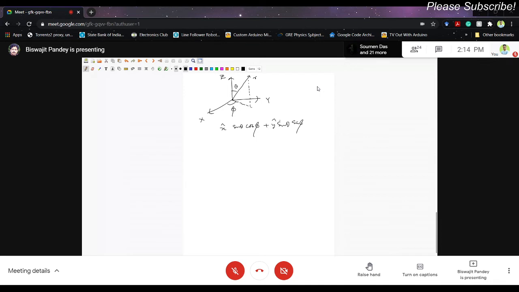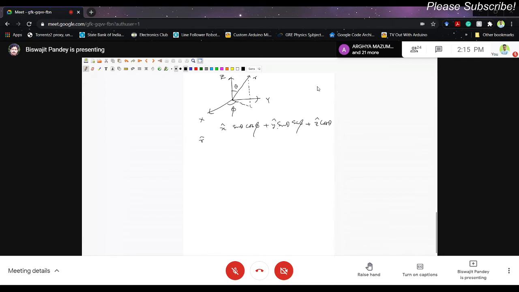I'm just taking the components, plus z cap cos theta, that will be a vector. And if I want to have the unit vector r cap in terms of them, you see, if you square this, sine square theta cos square phi, sine square theta sine square phi, and cos square theta.